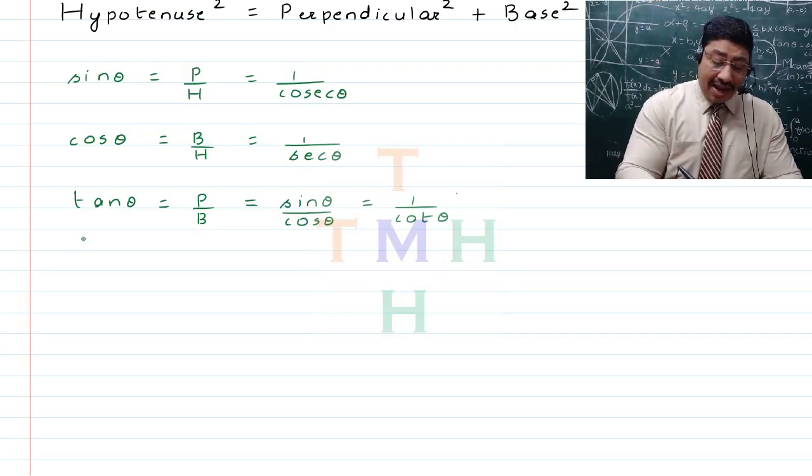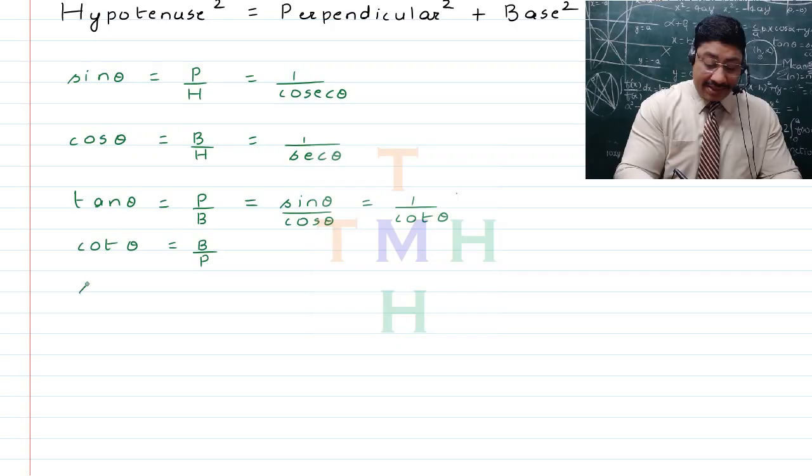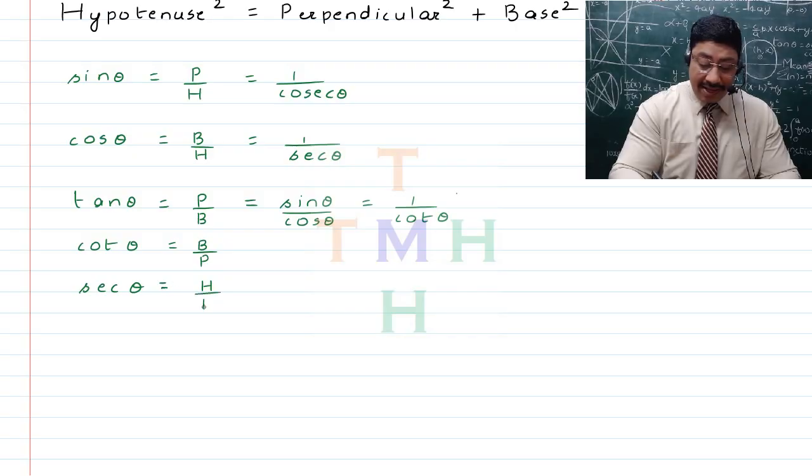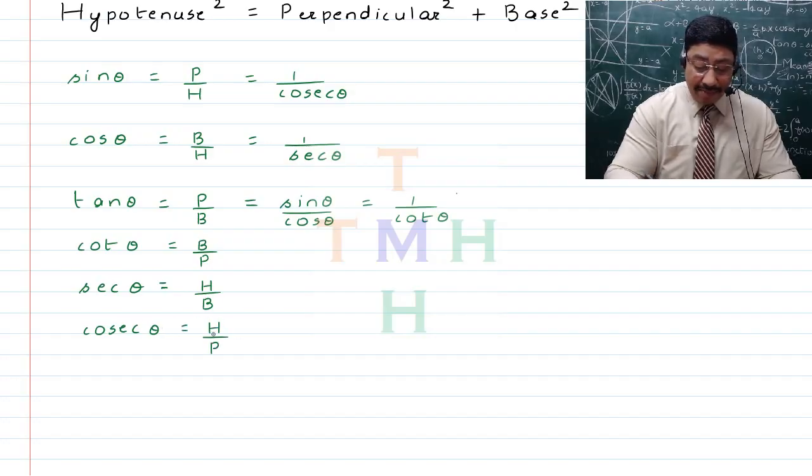Thus, cot theta will become equal to base upon perpendicular, sec theta will become equal to hypotenuse divided by base, and cosec theta will become equal to the inverse of sine, that is hypotenuse divided by perpendicular.